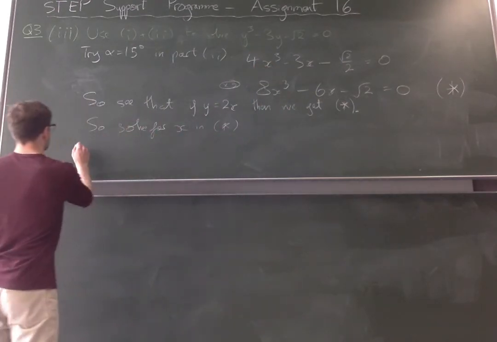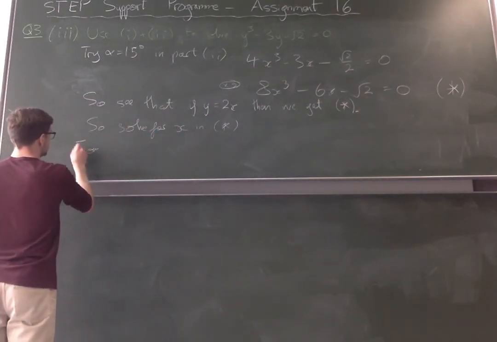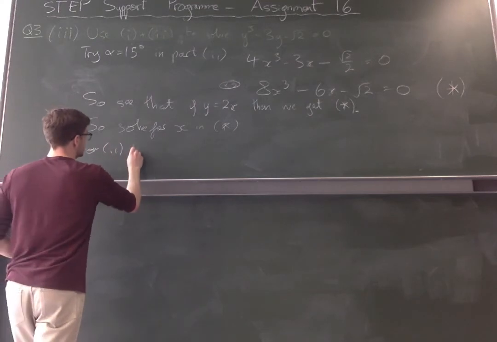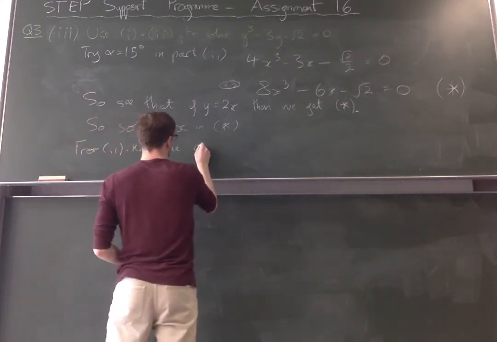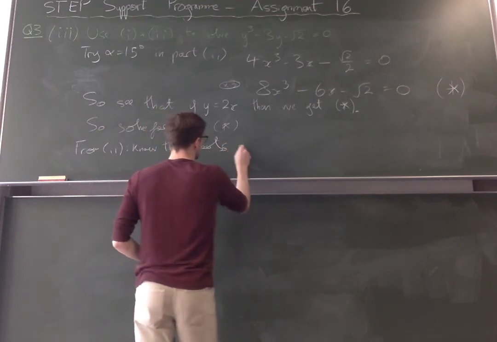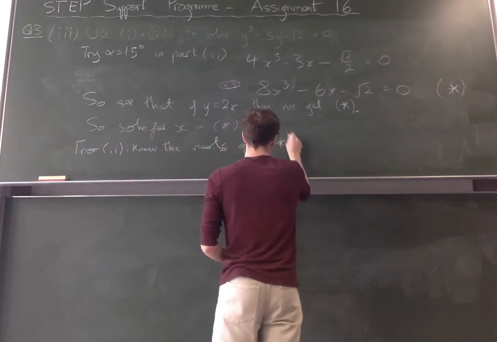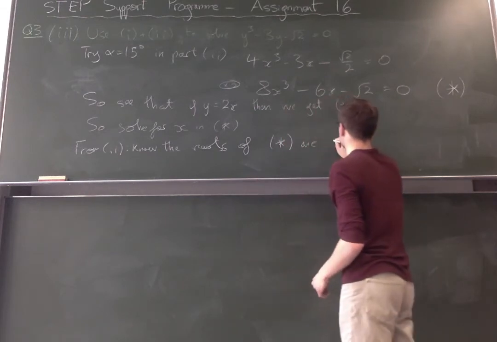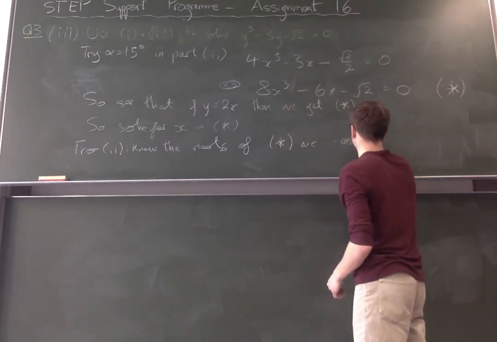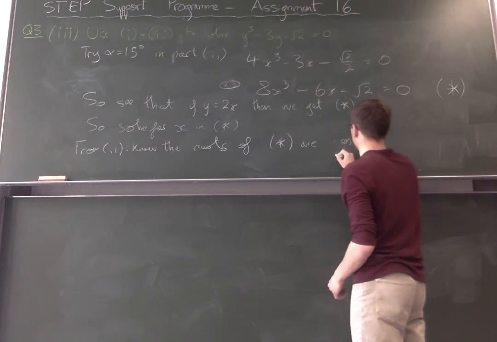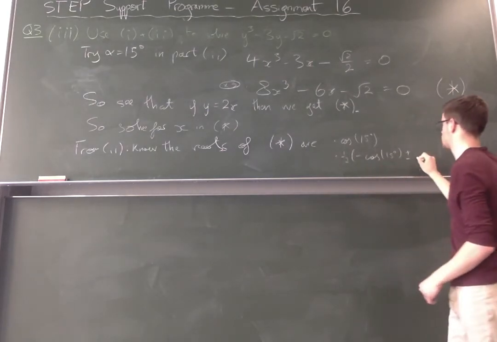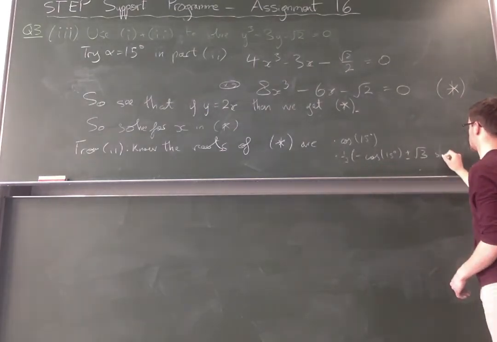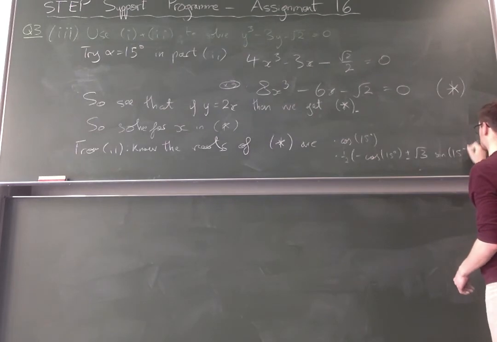Now, from part 2, we know that the roots of star are cos of 15, and a half times minus cos of 15 plus minus root 3 times sin of 15.